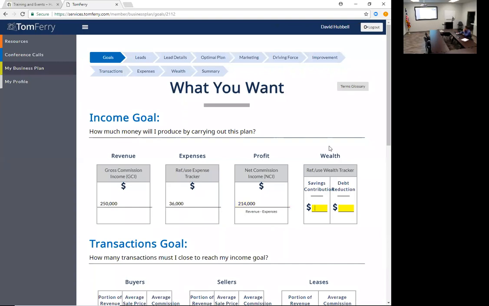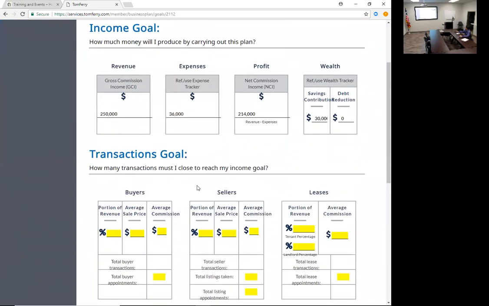Savings, I try to do at least 30%, but that's not realistic. 15% of that I try to put away for savings and not even know that it's even existing. So it's almost about $30,000 a year. Debt reduction. I don't really try to carry any debt.